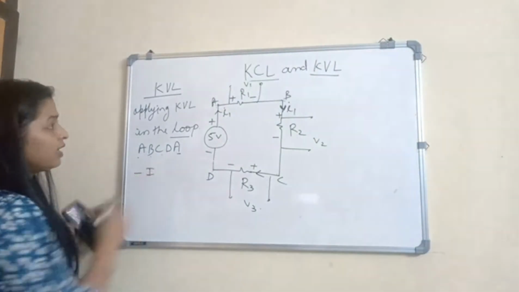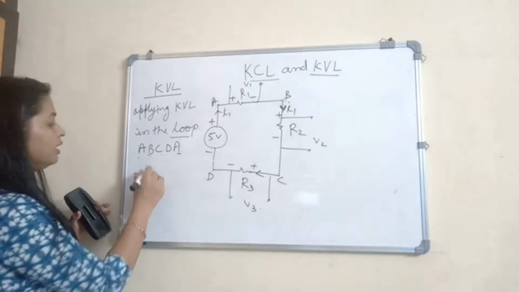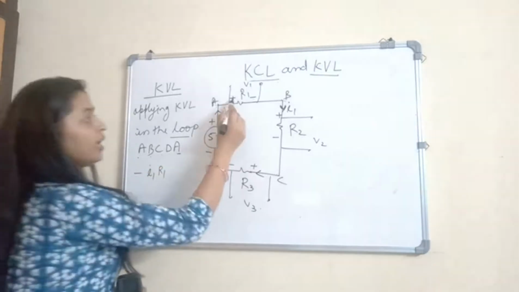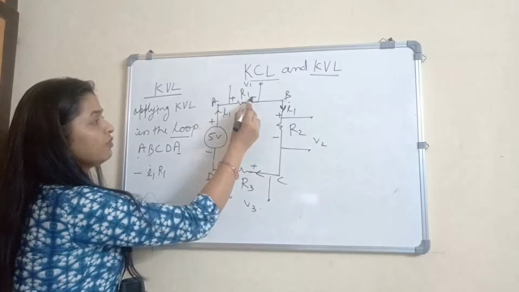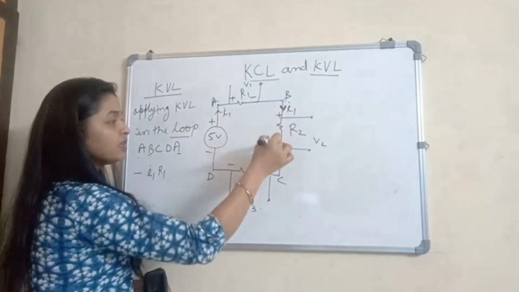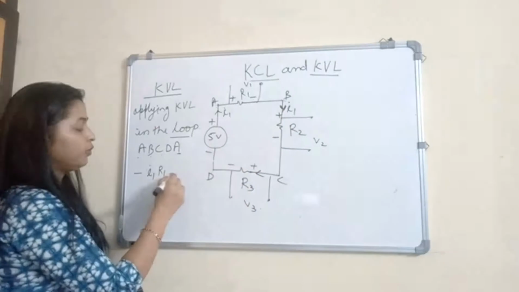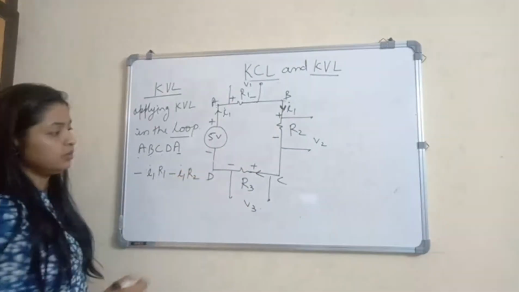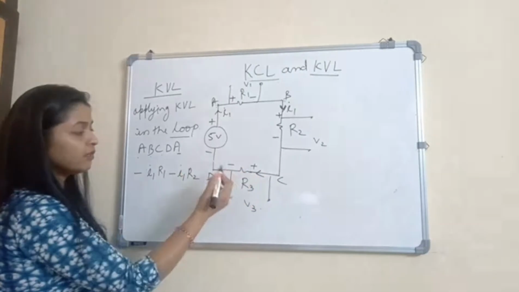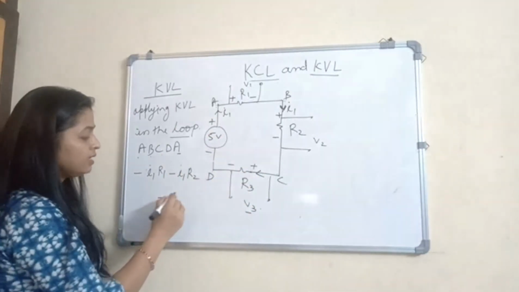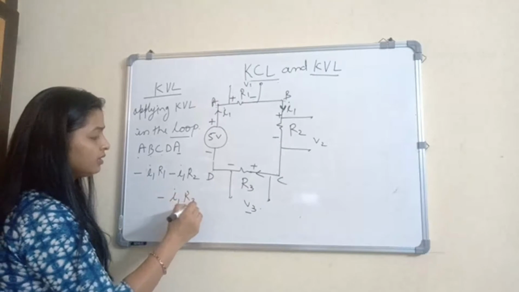So minus I1 R1. I'm entering into plus, leaving from minus, so voltage is falling. Again, entering into positive, leaving from minus, the voltage drop is again falling. Same I1, R2. Again, I'm entering into positive, leaving from negative, so my voltage is falling. So again minus I1 R3.